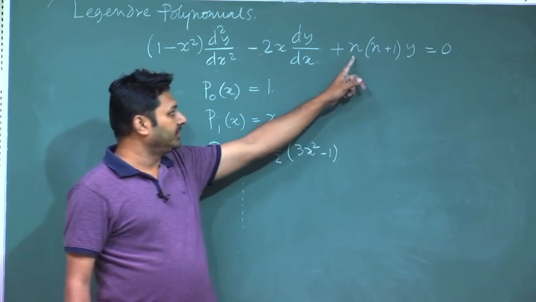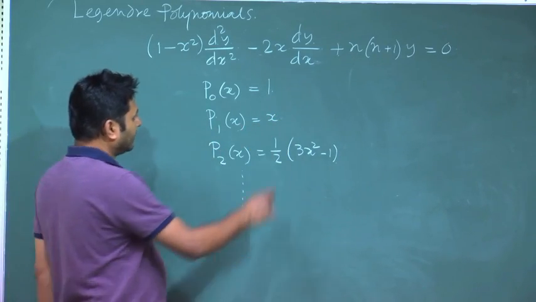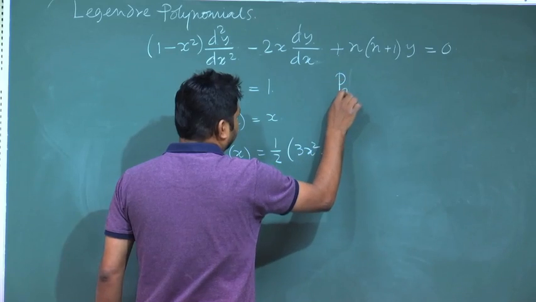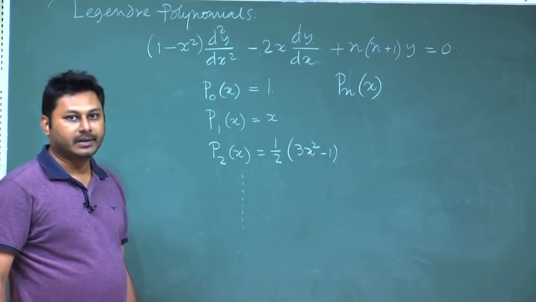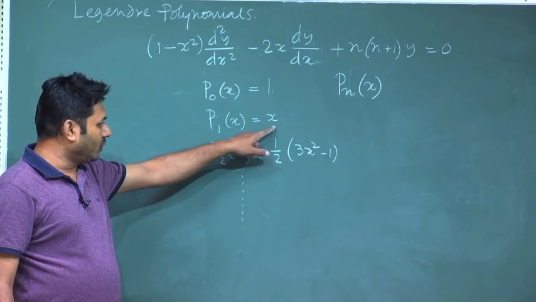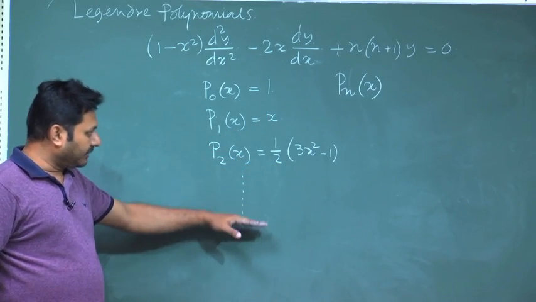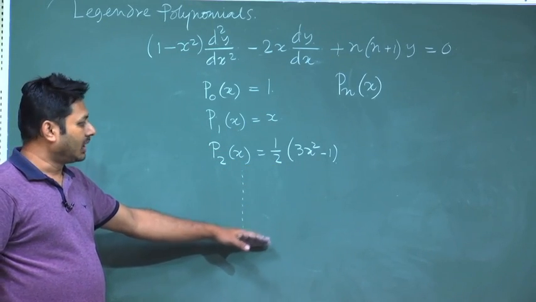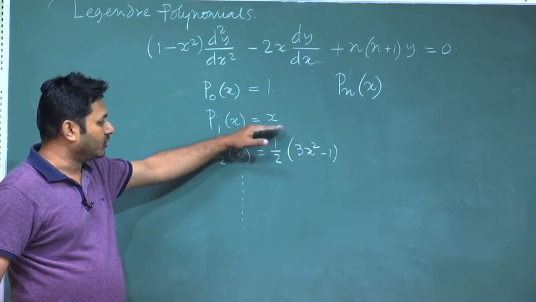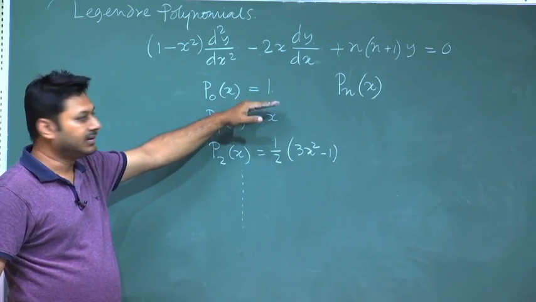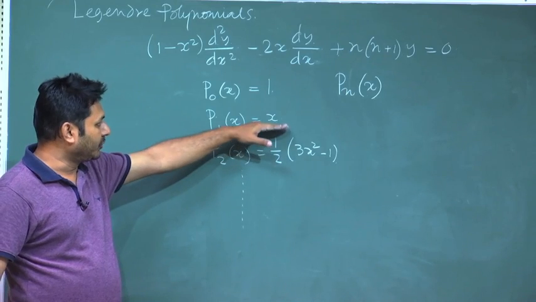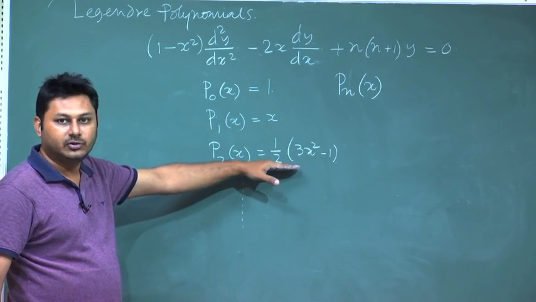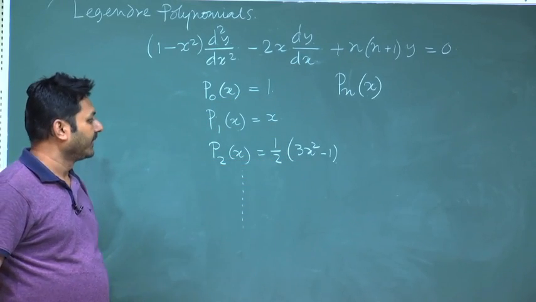Depending on the value of these things, I should have a general solution, a series solution. We called it Pn(x). Note that these terms are forming polynomials. This is one polynomial, this is another, this is a degree 1 polynomial, this is a degree 0 polynomial, this is a degree 2 polynomial, and so on.